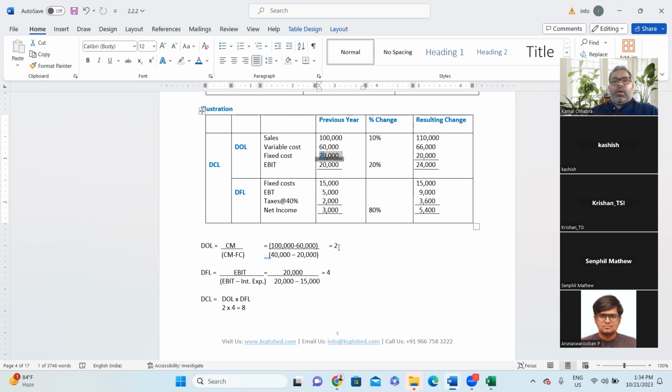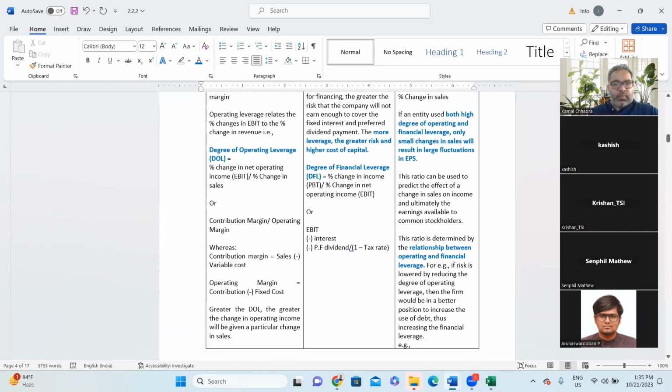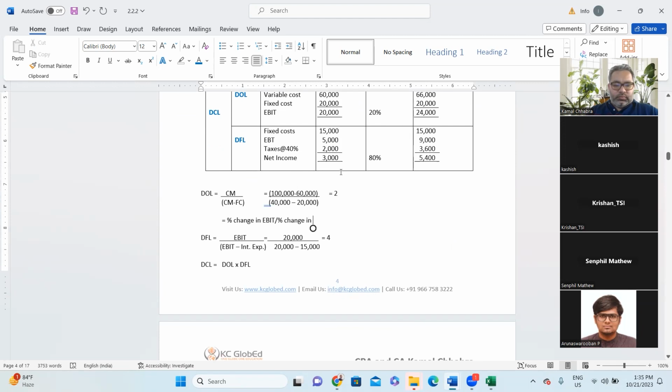On the other hand, if I calculate using the other formula, which is the percentage change in EBIT divided by the percentage change in sales, right?